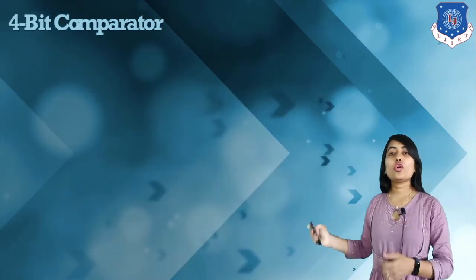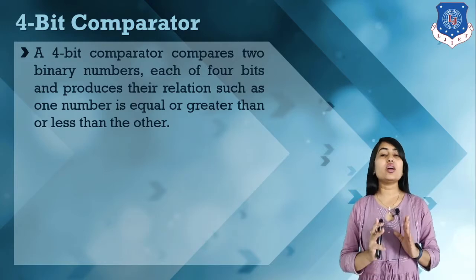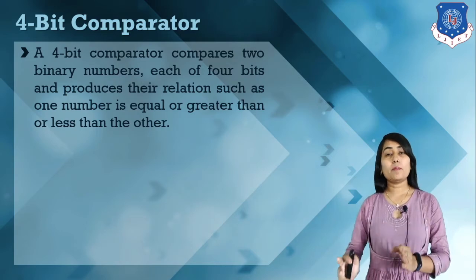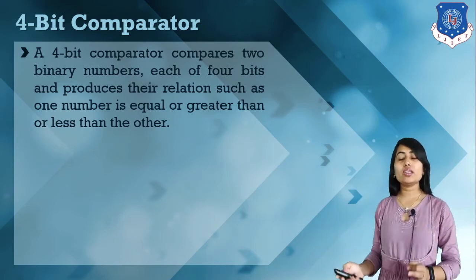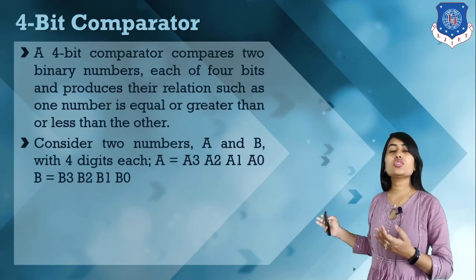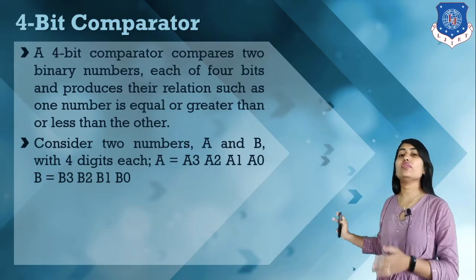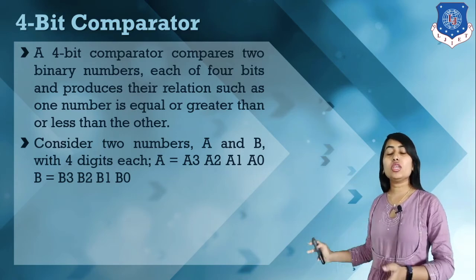This 4-bit comparator compares two binary numbers having 4 bits. If we have these two numbers A and B, A is represented with A3, A2, A1, A0, and B is represented with B3, B2, B1, B0.